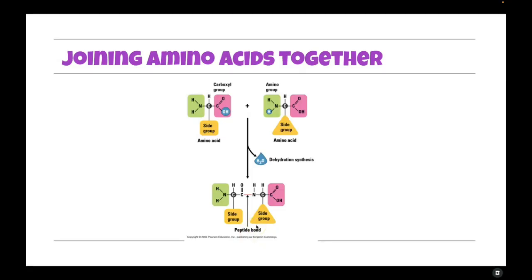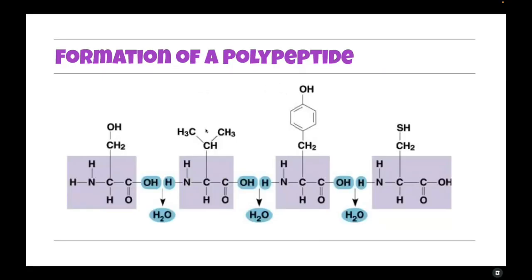I'll go over the summary in a little bit, but this is making a primary structure, and that's why you have a peptide bond. You're joining two amino acids. Again, remember, you always need an enzyme to catalyze the reaction and speed it up.